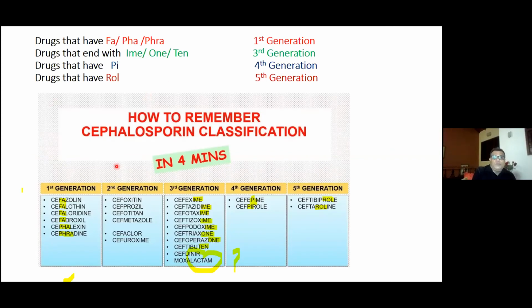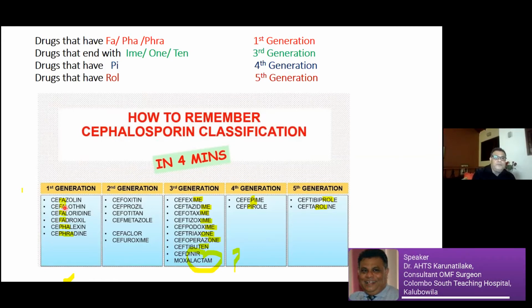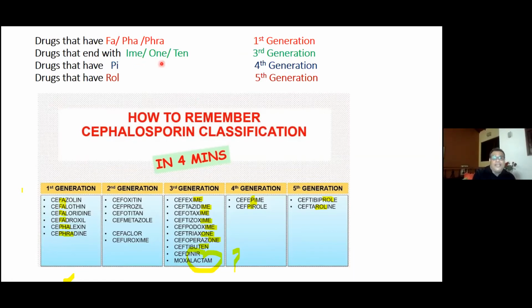So how to remember these cephalosporin classifications? I went through this and got this slide. The first generations of cephalosporins get these letters in their names: FA, PHA, PHRA. If you see these letters, they belong to the first generation. The third generation has the letters IME, O1 and 10.